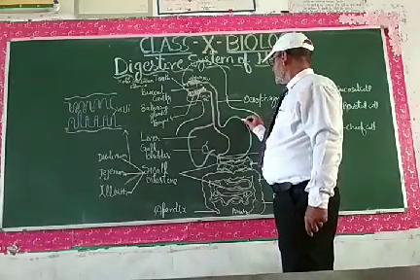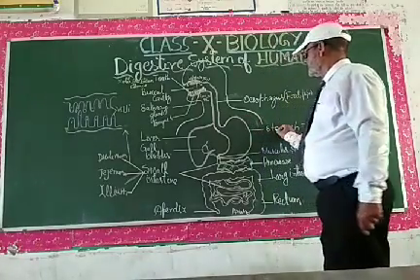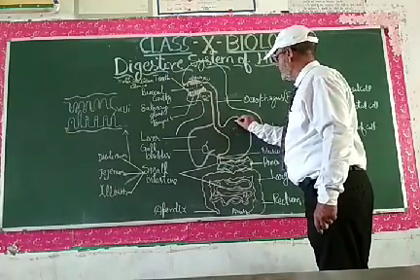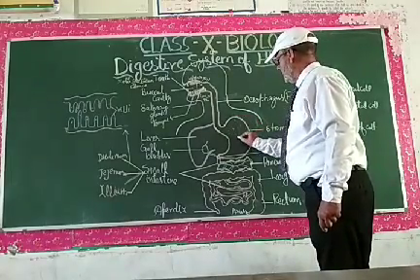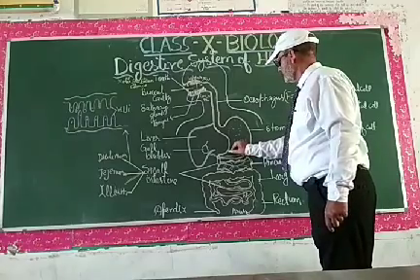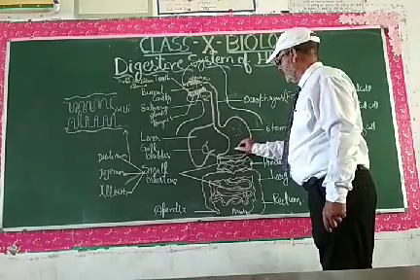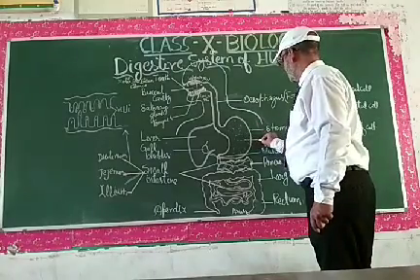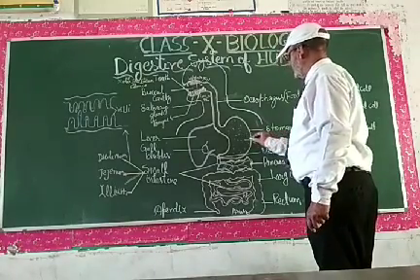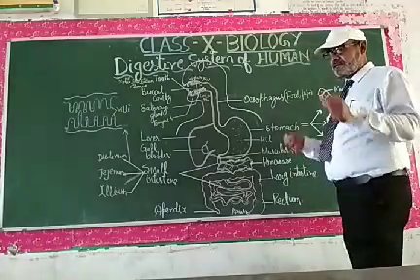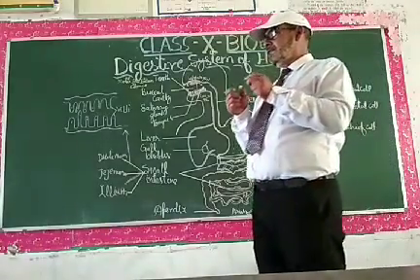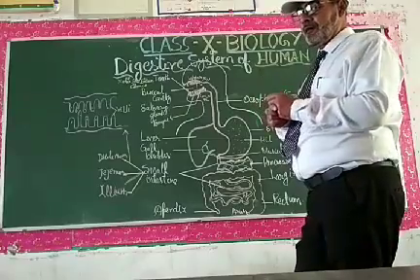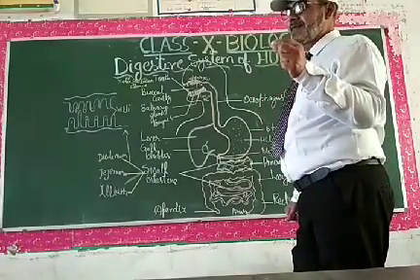Dear students, come to the next structure, that is the stomach. The stomach is the place where food gets mixed, and a little bit of the digestion process starts here. This stomach is filled with HCl, and the stomach walls are very strong. The inner wall is very hard, and the inner wall performs different secretions.